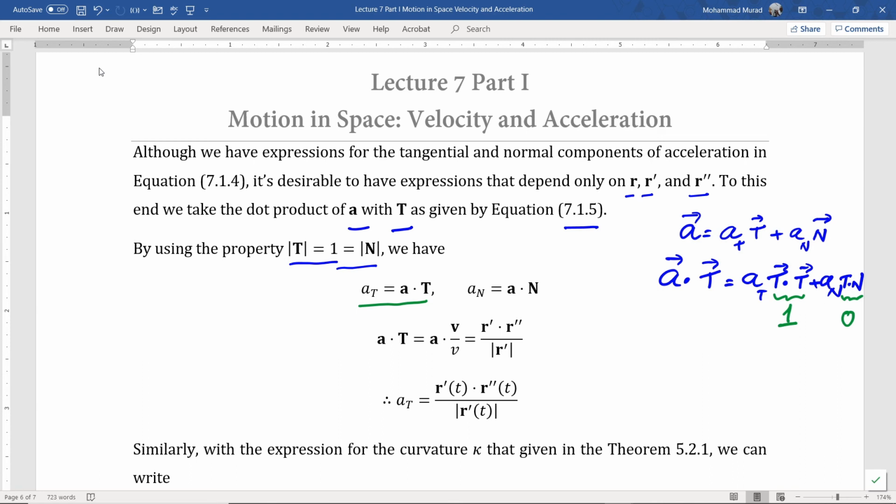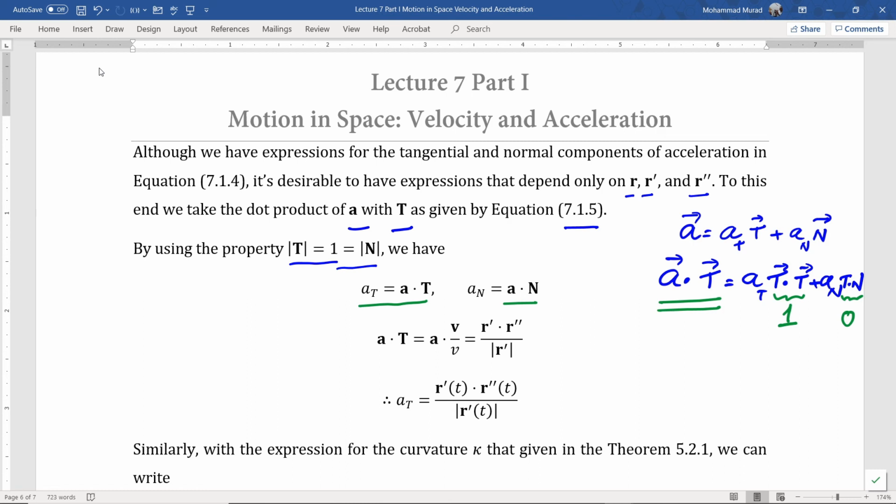So we have a sub t, the tangential component of the acceleration, equal to a dot T. Similarly, the normal component of the acceleration is given by a dot the unit normal vector.